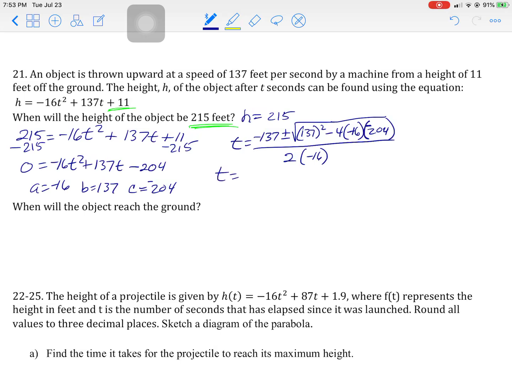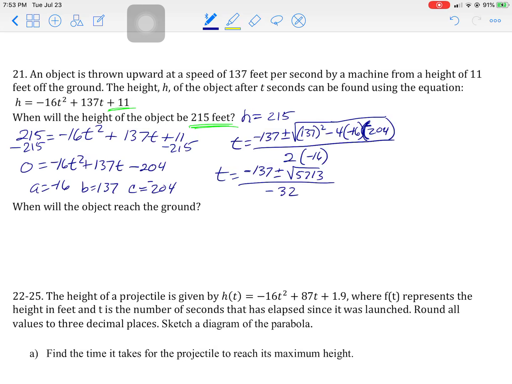So t equals negative 137 plus or minus. What is all of that together? According to when I did it before, it's that. So make sure you're multiplying, following your order of operations. If you can't read that, that's a negative 204. Okay, and then this is 32.